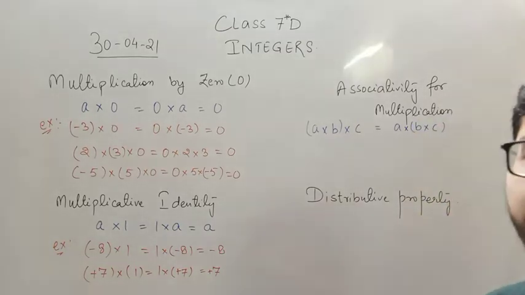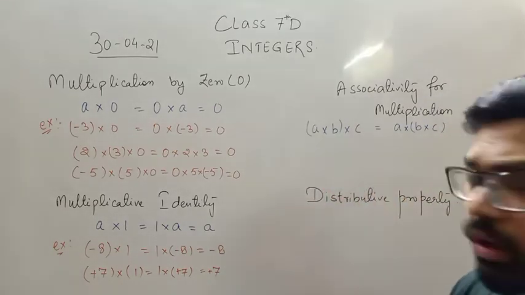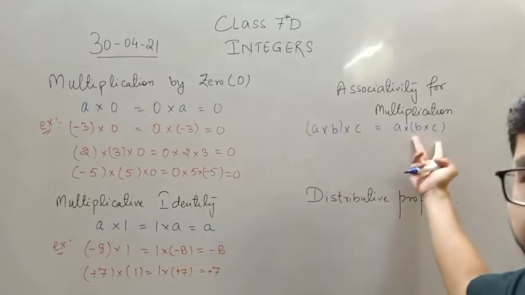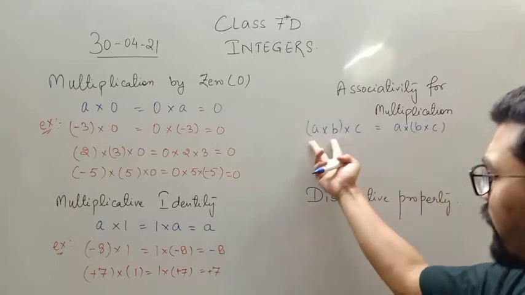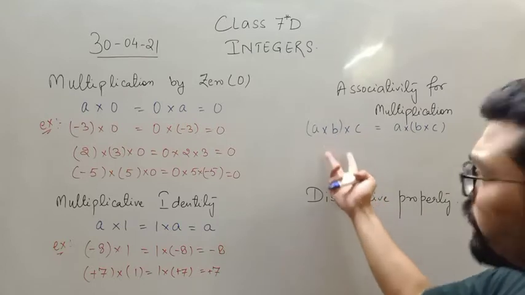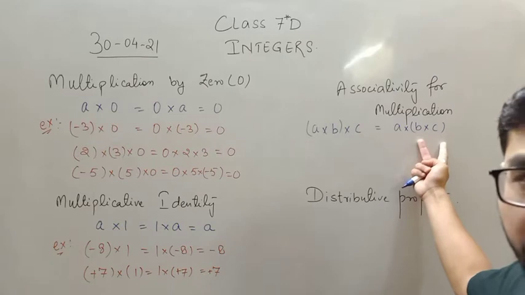So what associativity says is, the result doesn't depend on the association of the numbers. The result that we are going to get after multiplication of these three numbers doesn't depend on the association or grouping of the integers.